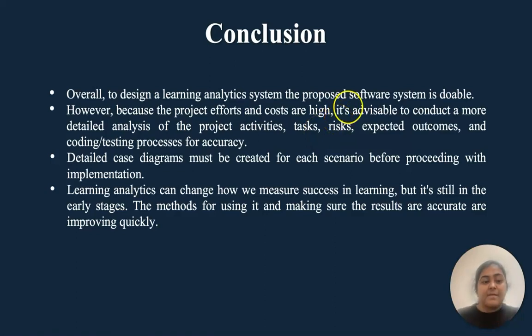And last, learning analytics can change how we measure success in learning, but it is still in the really early stages. The methods for using it and making sure the results are accurate are improving quickly.